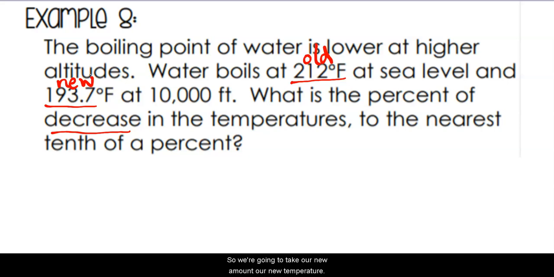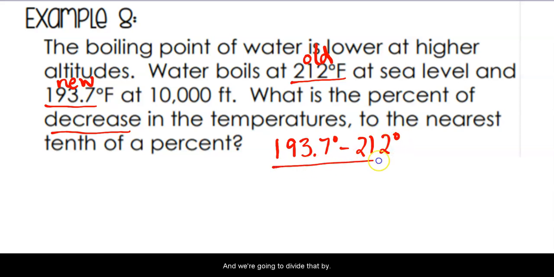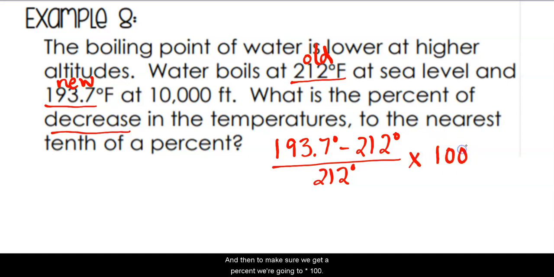So we're going to take our new temperature, 193.7 degrees, and subtract the old temperature, which would be the temperature at sea level before there's a change in altitude. And we're going to divide that by 212 because that was the original information given in the problem. And then to make sure we get a percent, we're going to multiply by 100.